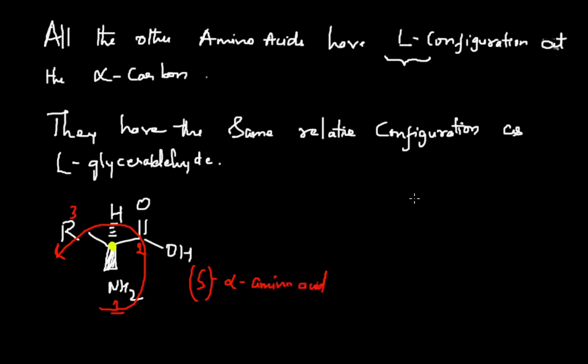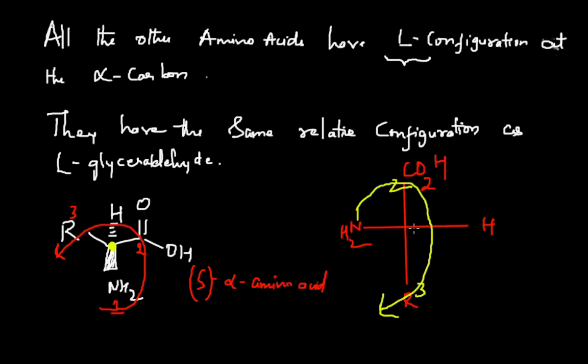If I do the Fischer projection, the R group is down, with H and NH2. This is your 1, 2 and 3. 1, 2, 3 is R, but hydrogen is on the horizontal, so R reverses to S. So S is the correct configuration. These are your L alpha amino acids.